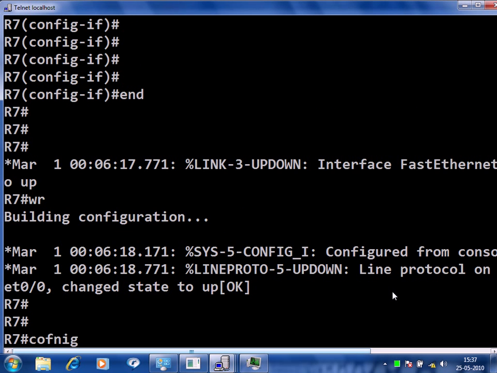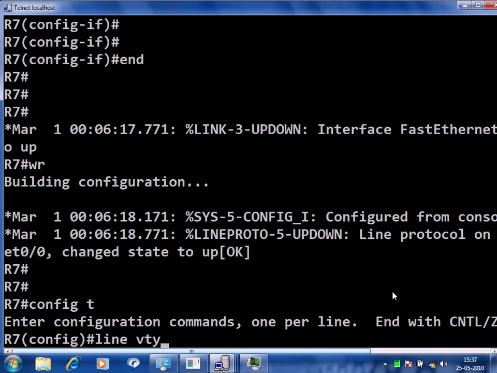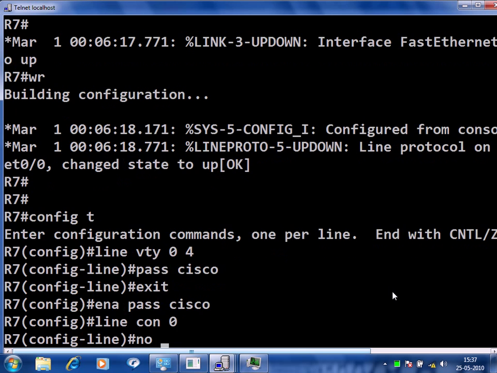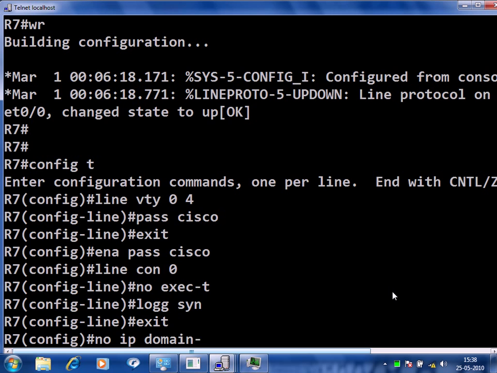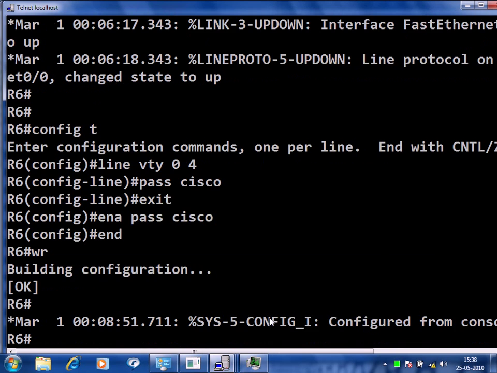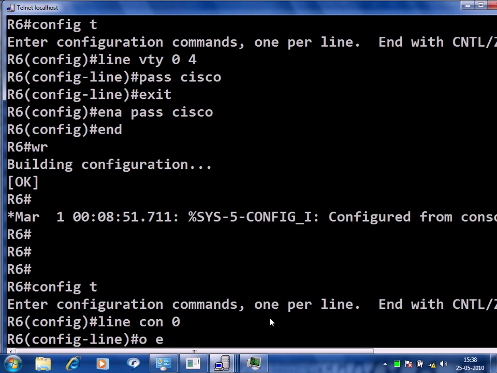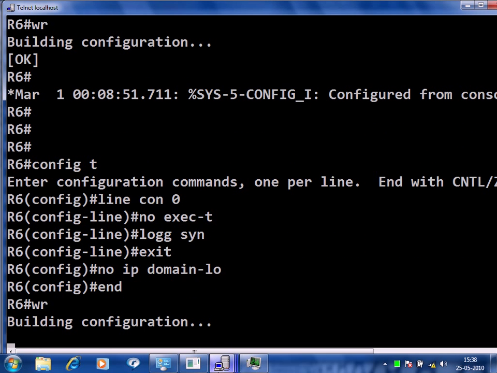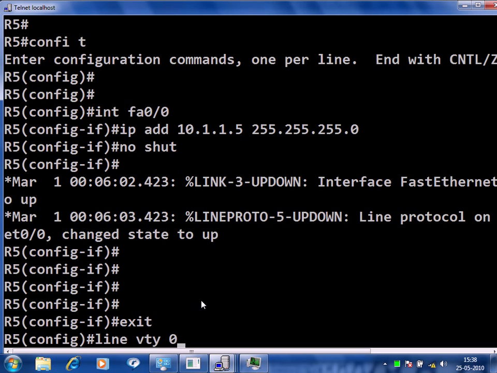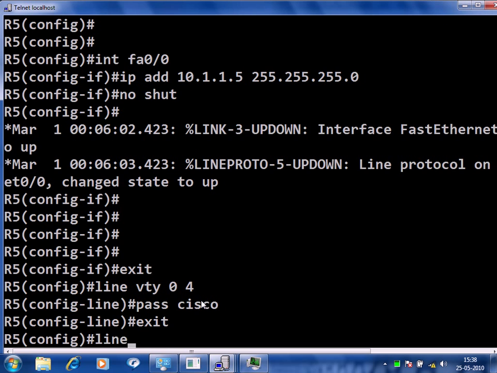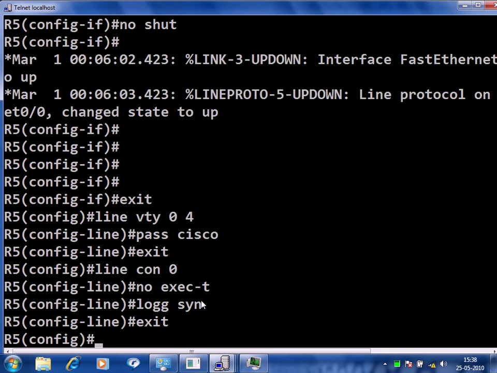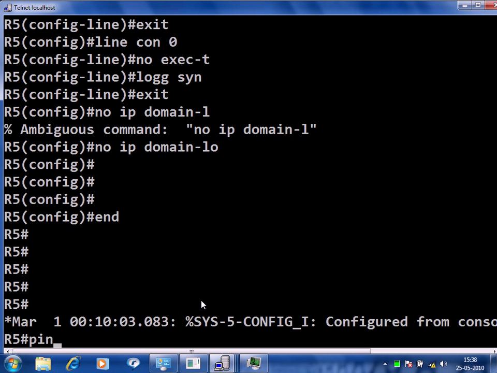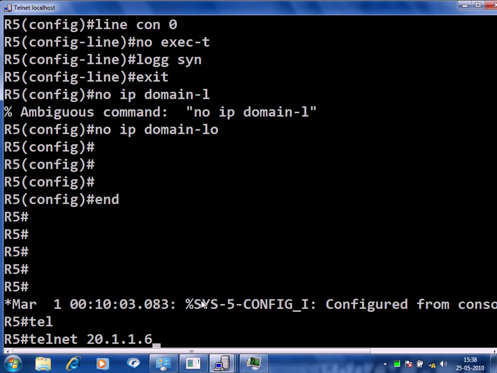Configure the same thing on R7 as well: line vty 0 4, password cisco, enable password cisco. Okay, let's do the telnet to 20.1.1.6.